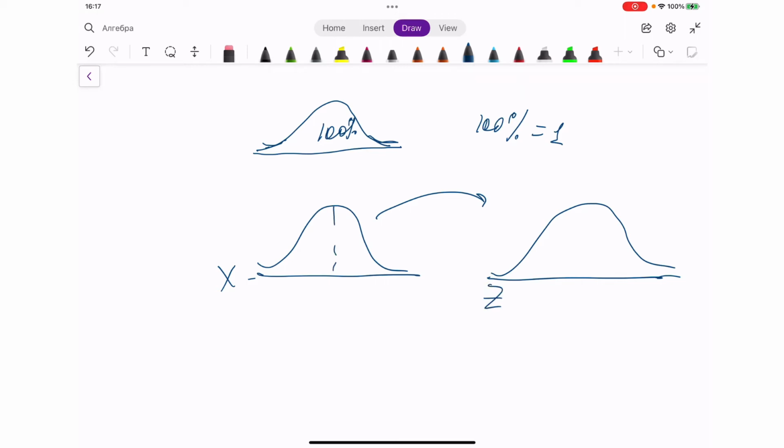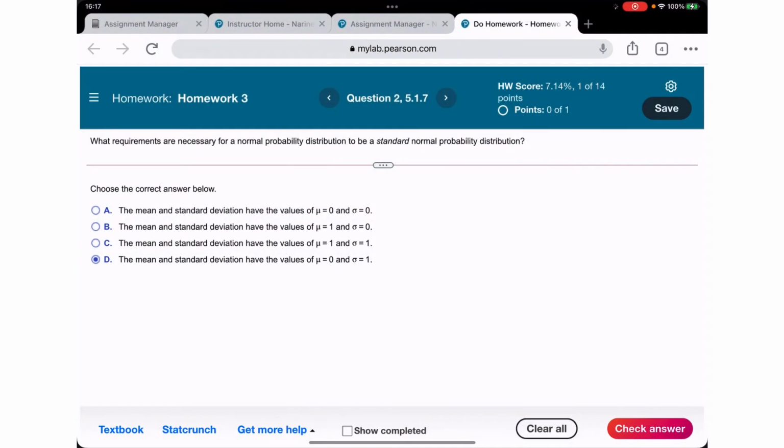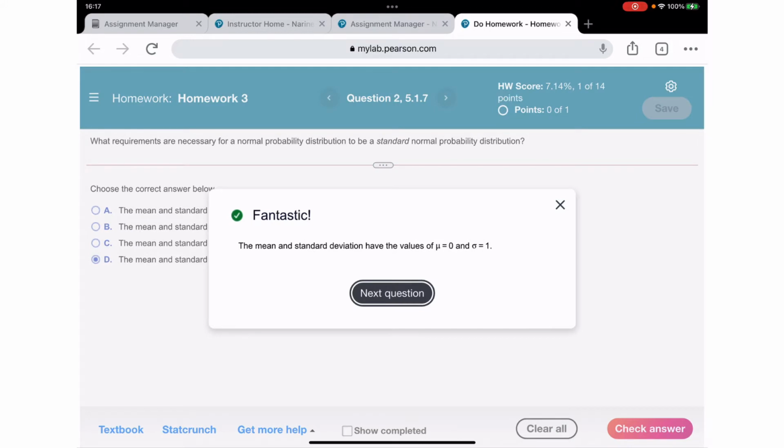If the average here is 100, when I'm standardizing, the average, which is mu, becomes 0. And let's say the standard deviation here is 24. In a standardized case, it's going to be 1. But you need to watch the lecture so you can make sense of this. Okay, fantastic.